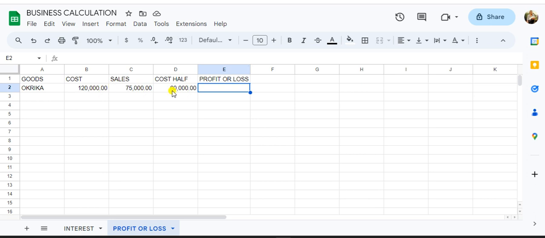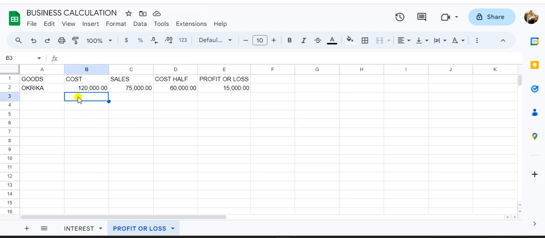No, let's say you sold 75,000 naira. That is your sales or revenue. So you now do 75,000 naira minus 60,000 naira, which is 15,000. So you have made 15,000 naira profit.